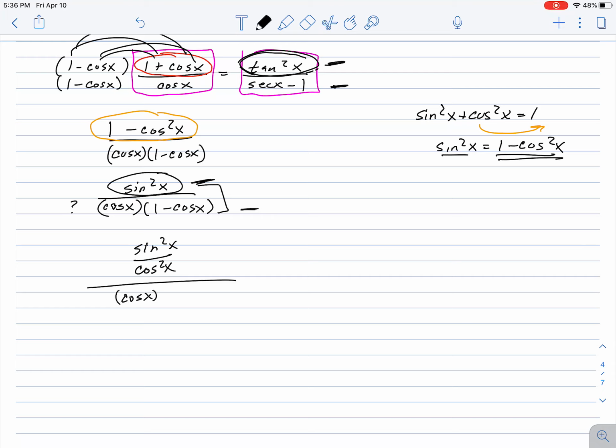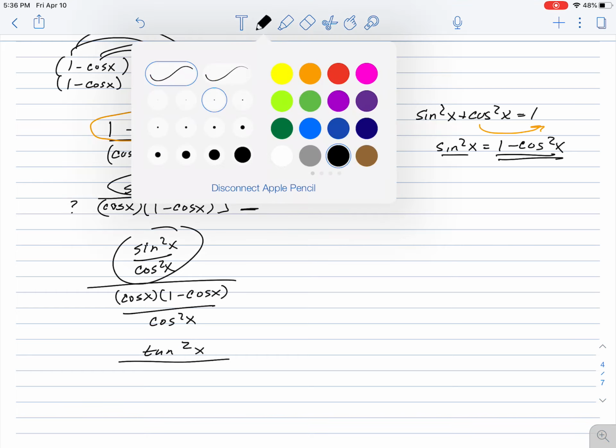So here's the bottom, and I have to divide that by cosine squared as well. So I take one part of my fraction and force it to be what I want, and then I compensate for that downstairs. Now I can rewrite this as tangent squared. And what happens down here?